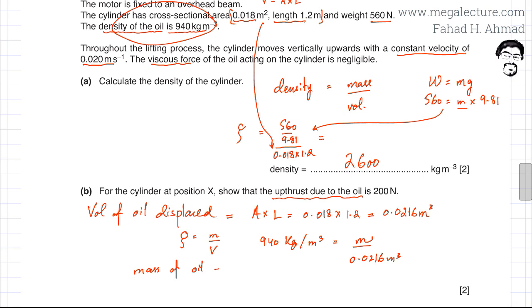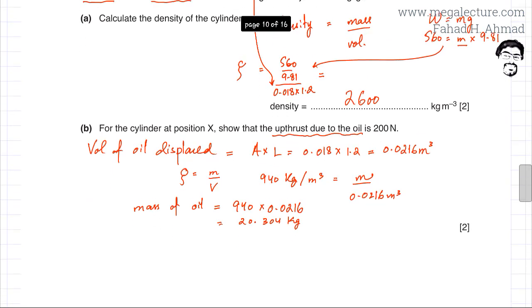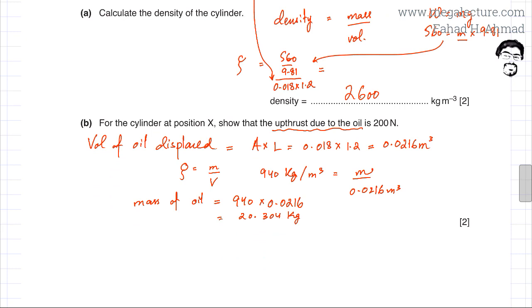The mass of oil displaced is 940 times 0.0216, and the value comes out to be 20.304 kg.